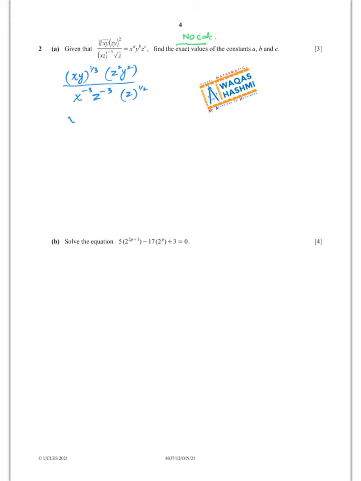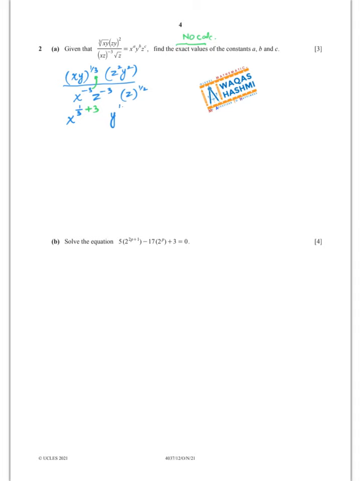So first one, it's x to the power 1/3. Alright, this x to the power -3, when you shift it to the numerator, that will be +3. Similarly for y it is 1/3 here.